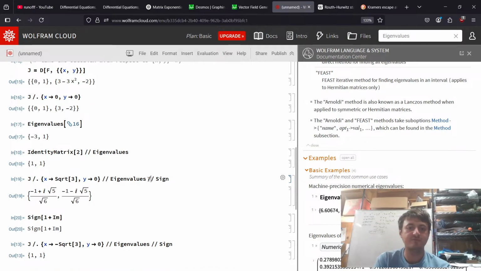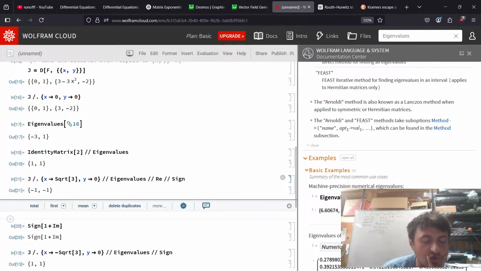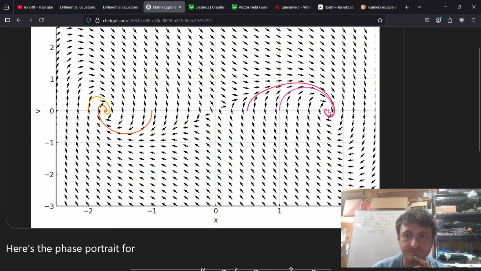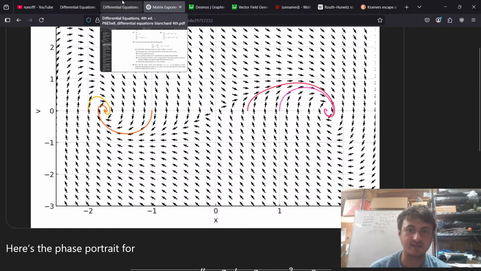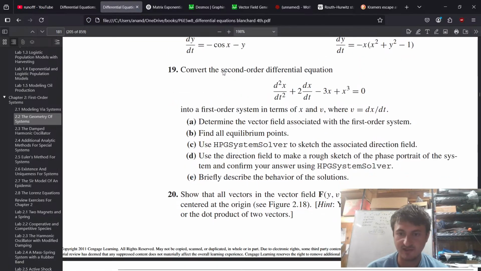So what we have to do is put in RE. Okay, so there we go. So it decays. It's stable. So no matter what, this thing is stable. It does twist, but it's stable. All right, I really like that example. I like the ones with complex eigenvalues.